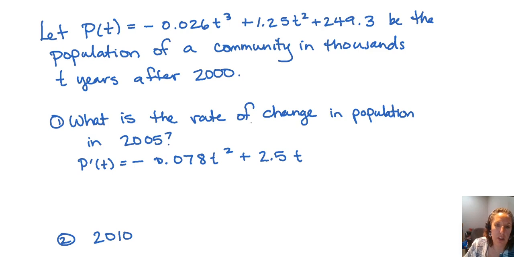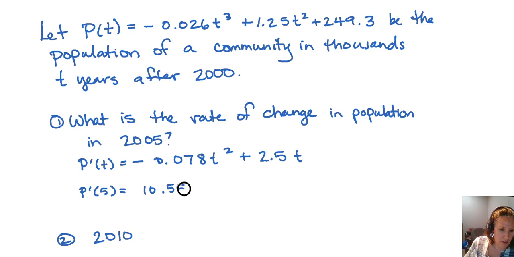So if we want to find the rate of change of the population in the year 2005, t is years after 2000, so that means t is 5 here. If we plug in a 5 into that, we should get 10.55.